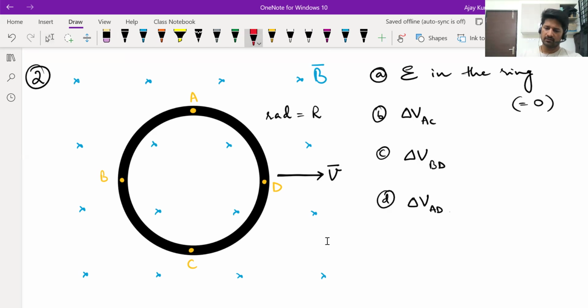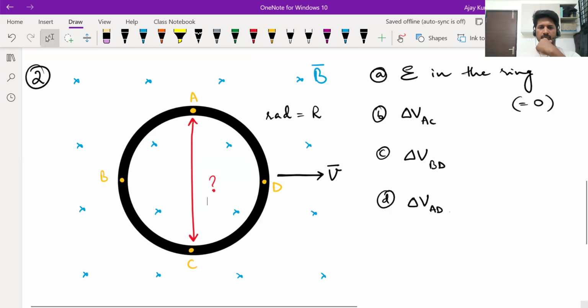One of you tell me, should there be any potential difference between A and C, and why? Will there be potential difference between these 2 points and why? Isha, what do you think? Anyone?